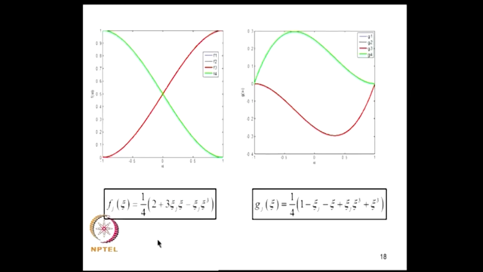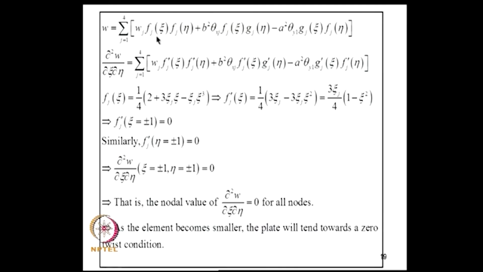Now, the details of fj can be inserted here, and we can evaluate the second order derivative, del squared w by del xi del eta. This provides the twist that we observe in the plate, and if we evaluate this, which is straightforward since these are polynomials, we can quickly do that.